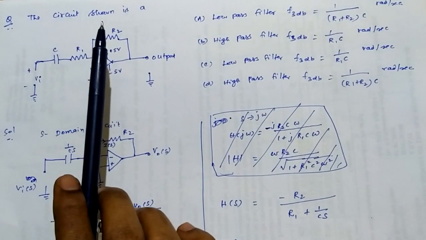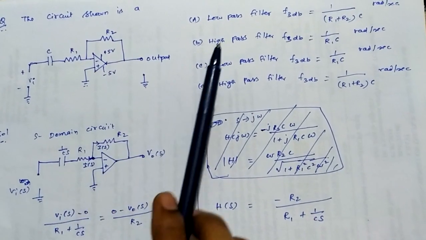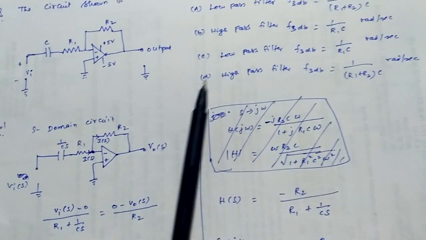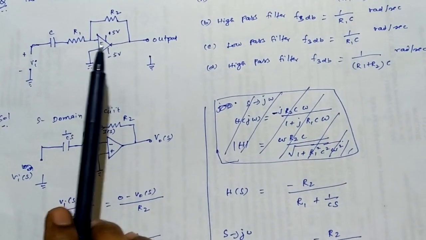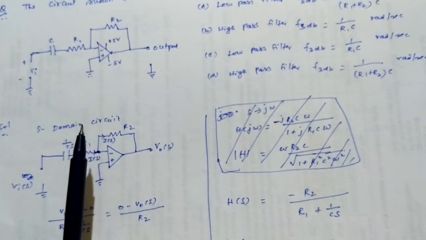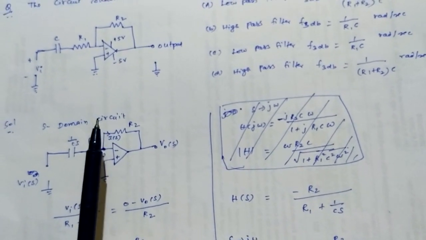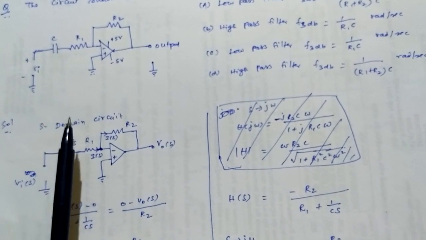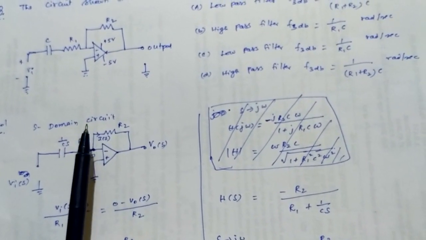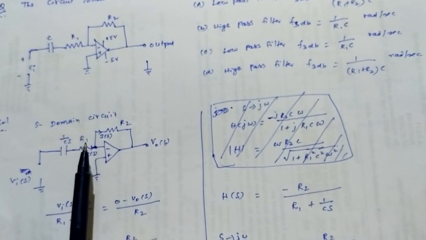The circuit shown in figure 2, guess what type of filter it is. So this is the given diagram. This given diagram is redrawn in the S domain circuit. In the S domain circuit, the capacitor is replaced by 1 by Cs. S domain means the Laplace domain.